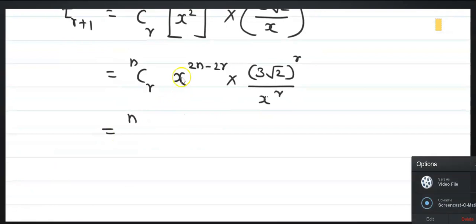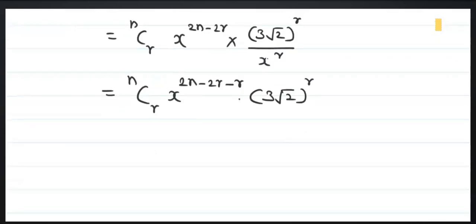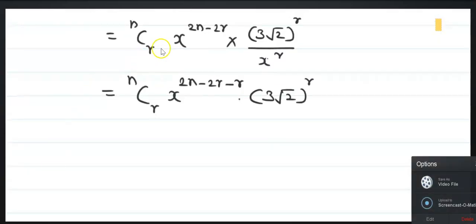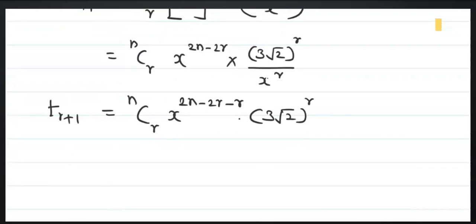Therefore, we will get, here is an important step, x raised to 2n minus 2r, (3 root 2) raised to r upon x raised to r. Now keep this as it is. Now x raised to 2n minus 2r upon x raised to r. Therefore, by using the law of indices, x raised to 2n minus 2r minus r, (3 root 2) raised to r, T(r+1).